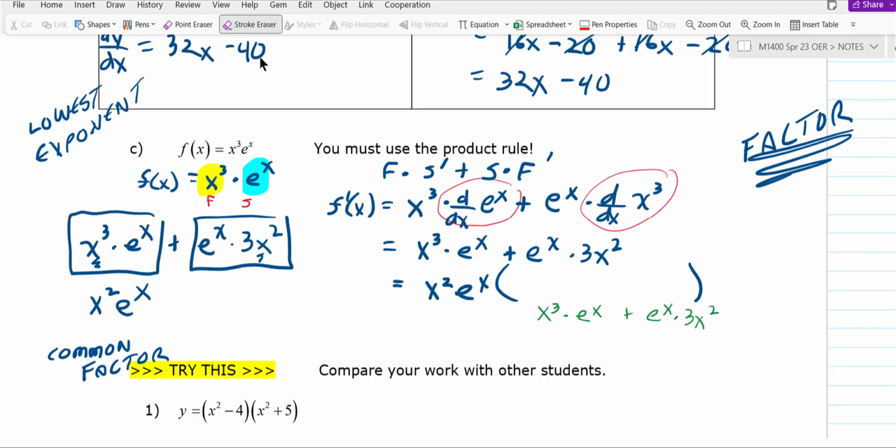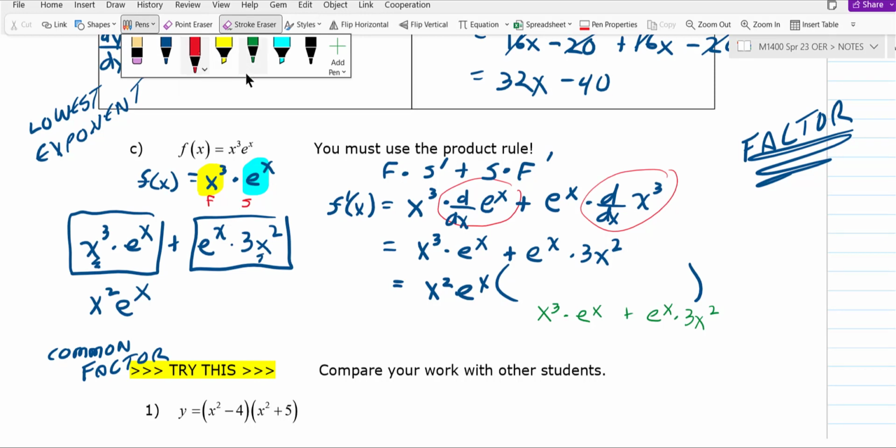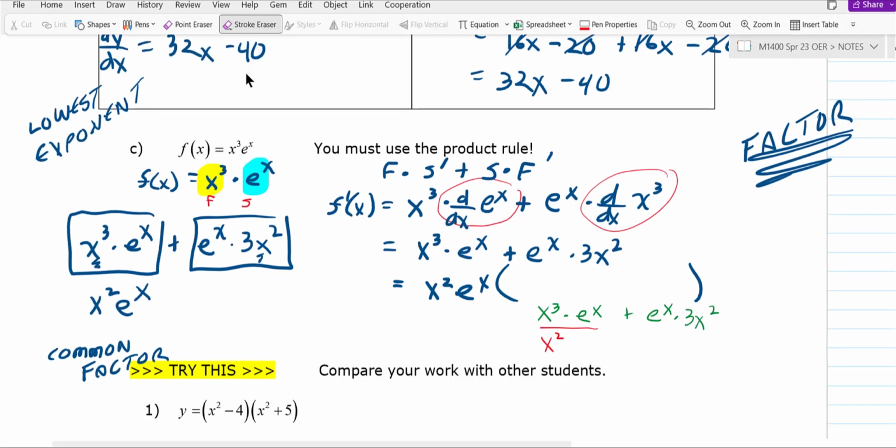Then we're going to figure out what's left after we take that common factor out. If you do it this way, it probably makes it a little easier. You don't have to think about it mentally. You can just visually see how this goes. So really all we're doing is simply dividing that previous step by the common factor.